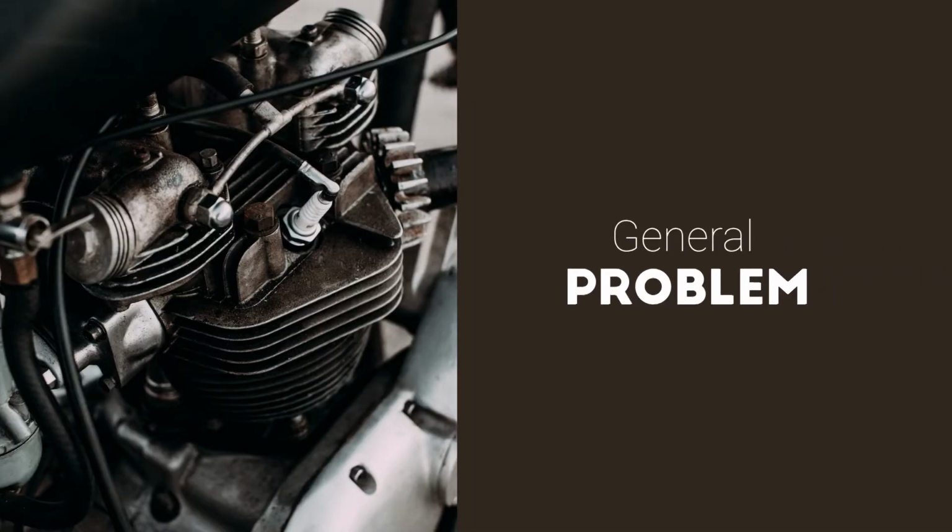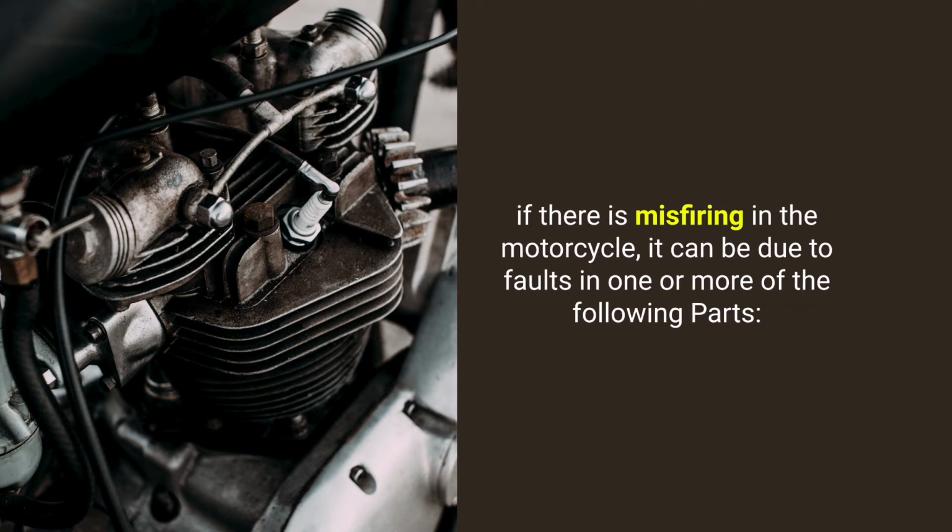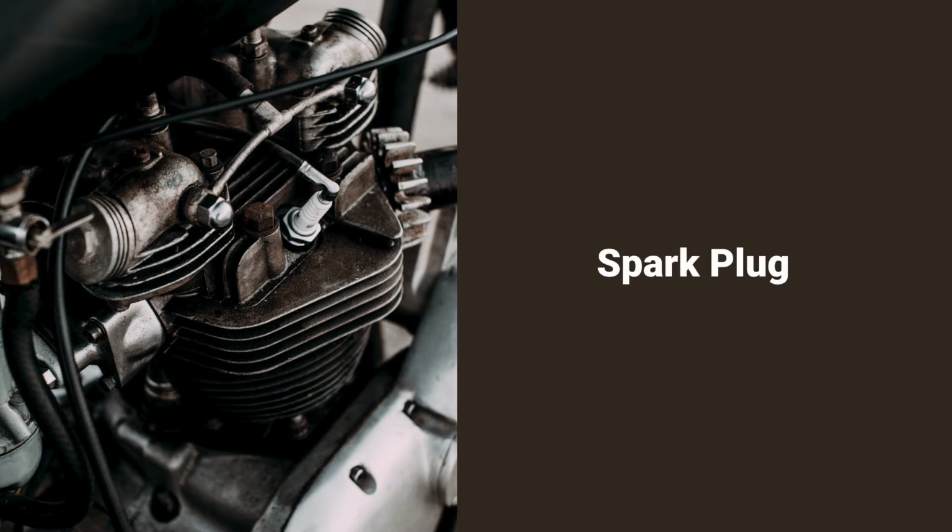Now, what are the general problems? General problems are, if there is a misfiring, this can be due to the faults in any one or more than one parts of the following. This is spark plug. There may be a problem in the gap between the two electrodes.